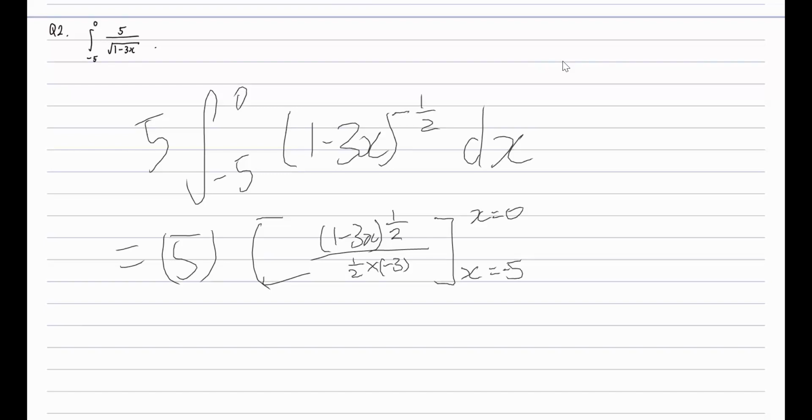Okay. Oh shoot. Okay. Looks very not nice. Don't worry, it's correct. Negative.